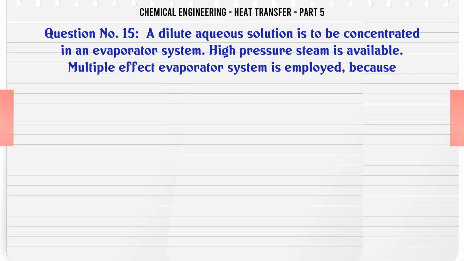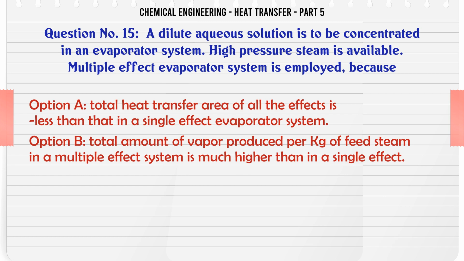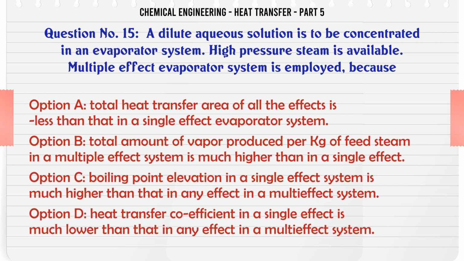A dilute aqueous solution is to be concentrated in an evaporator system. High pressure steam is available. A multiple effect evaporator system is employed because: A. Total heat transfer area of all the effects is less than that in a single effect evaporator system.